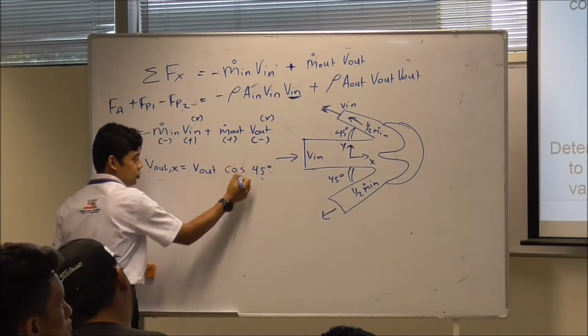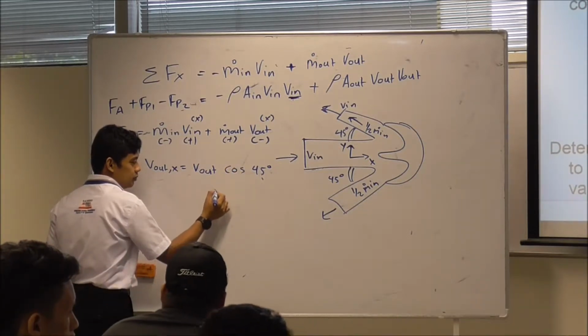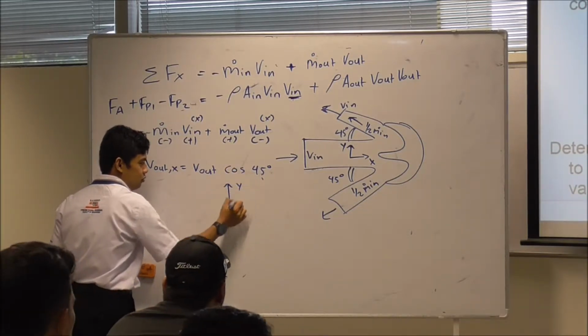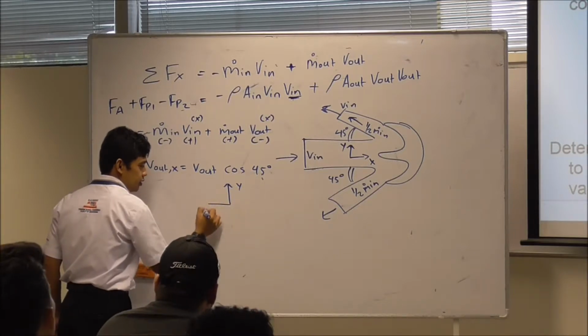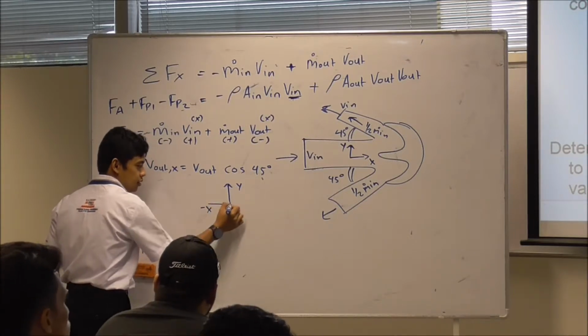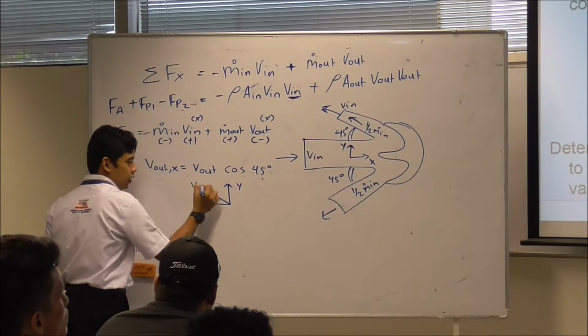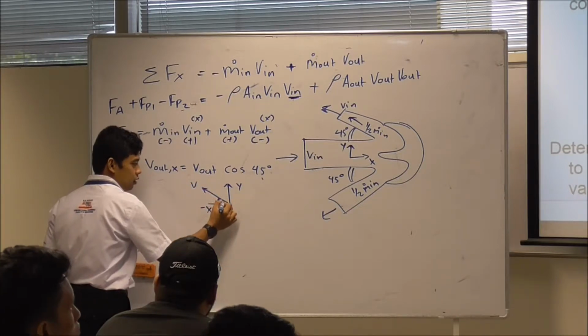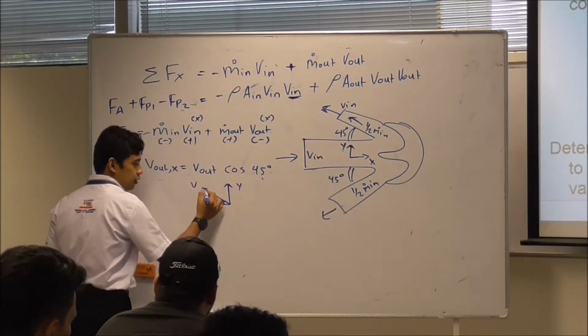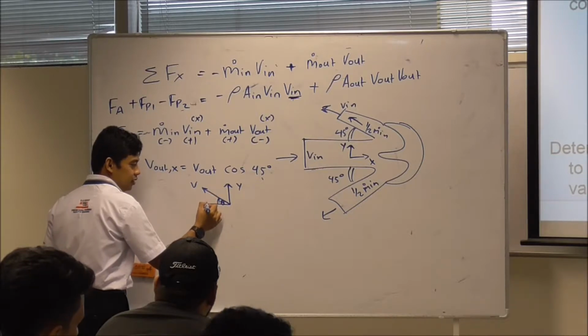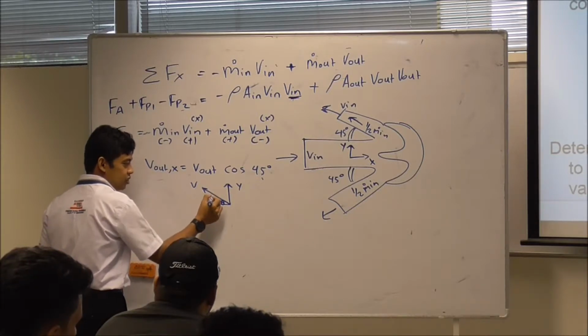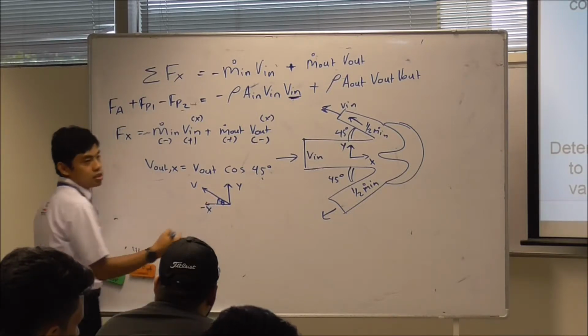Cos. Sure? Yes. You have this, this is your Y, this is your negative X, this is your theta, right? So when you are talking about X, it has to be cos.